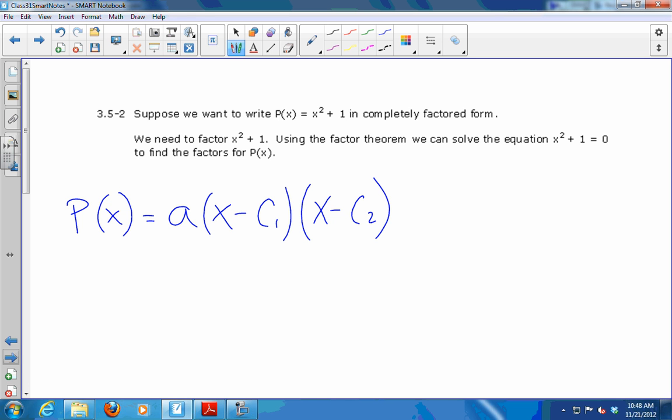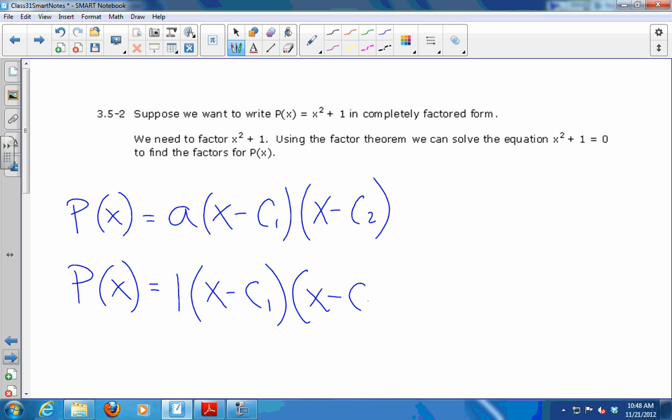And the a in front is the same as the leading coefficient on the p of x. So what's that going to be? 1. Okay, so I just need to know what the two zeros are, plug them in for C1 and C2, and I'll be done. So how do you find the zeros of a polynomial?